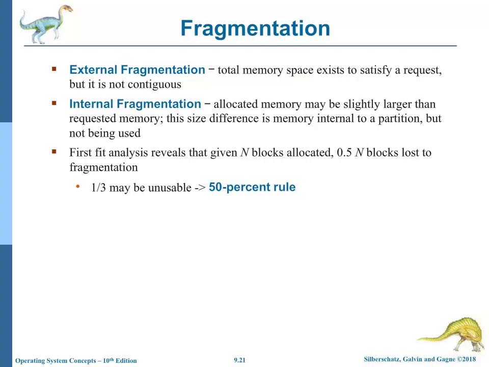The amount of memory lost to fragmentation may vary with algorithm, usage patterns, and some design decisions, such as which end of a hole to allocate and which end to save on the free list. Statistical analysis of first fit, for example, shows that for n blocks of allocated memory, another 0.5 n will be lost to fragmentation.